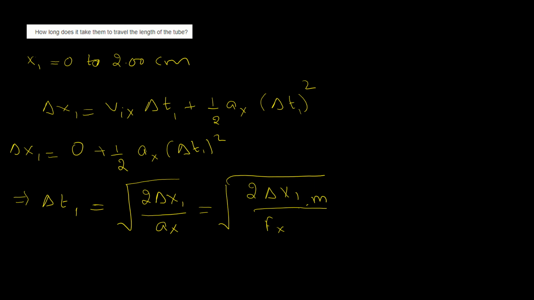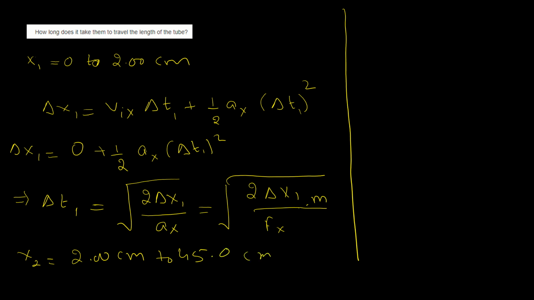Now for the second part, when the distance is x2, from 2 centimeter to 45 centimeter, again we use the kinematic equation, and delta x2 will be equal to v_fx delta t2.